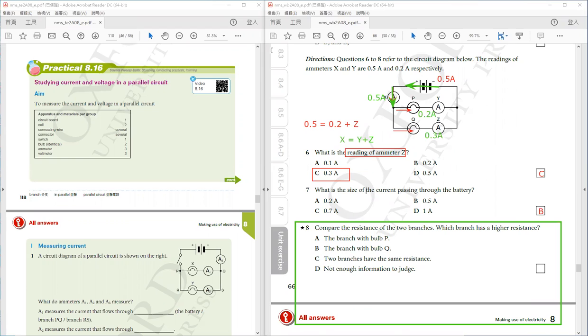So you understand that, let me type the note to you. Branch with Q and Z has higher current. Therefore, it means that there is smaller resistance.